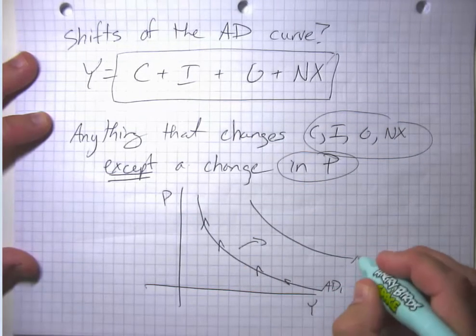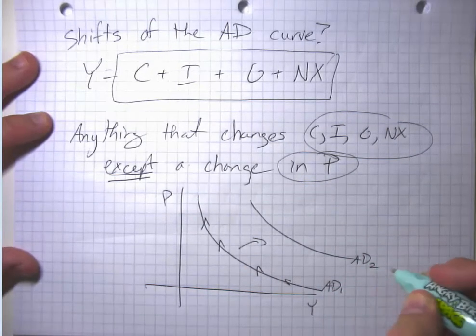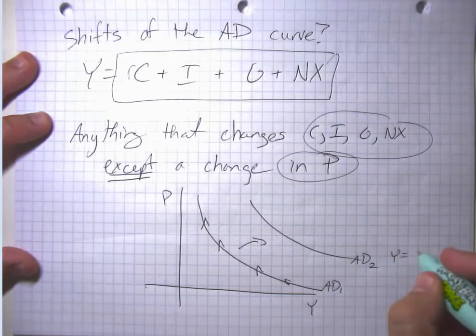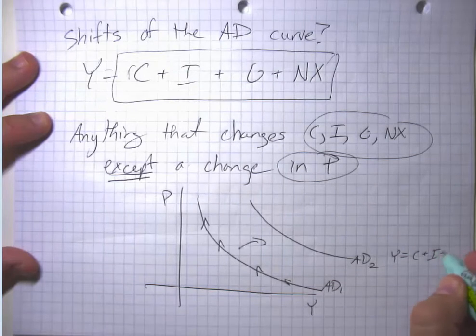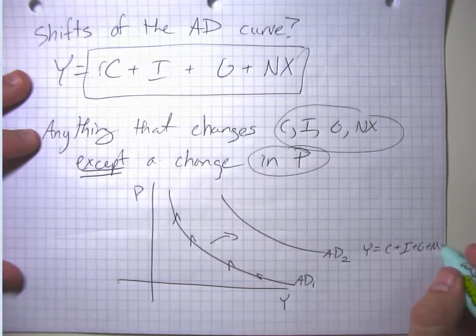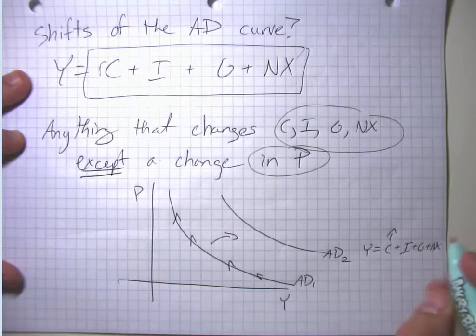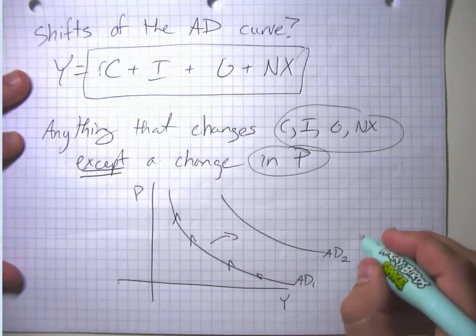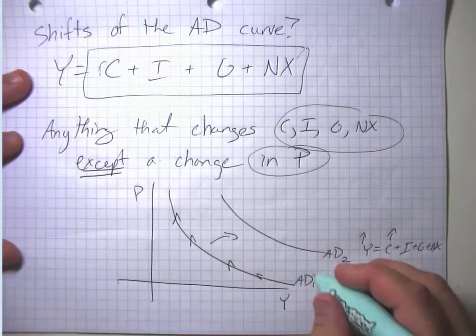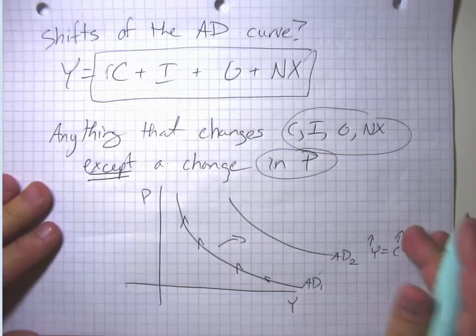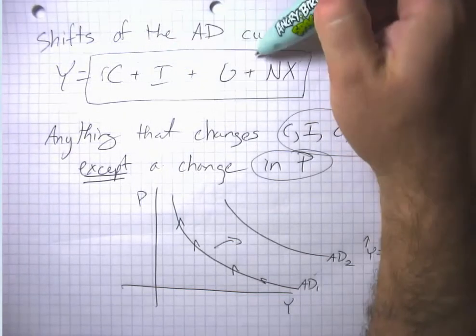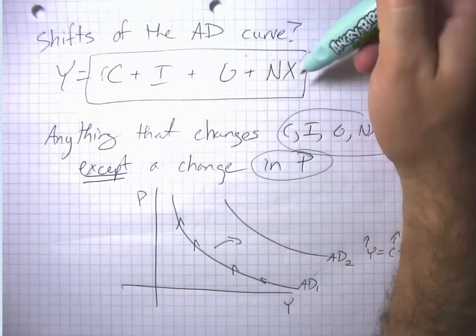So if consumers suddenly just get more optimistic and they want to spend more, then consumption spending goes up. And that also increases real GDP, and we know left is less and right is more, so we shift out to aggregate demand curve number 2. So again, the number of things that could go out there and change any of these variables is huge.